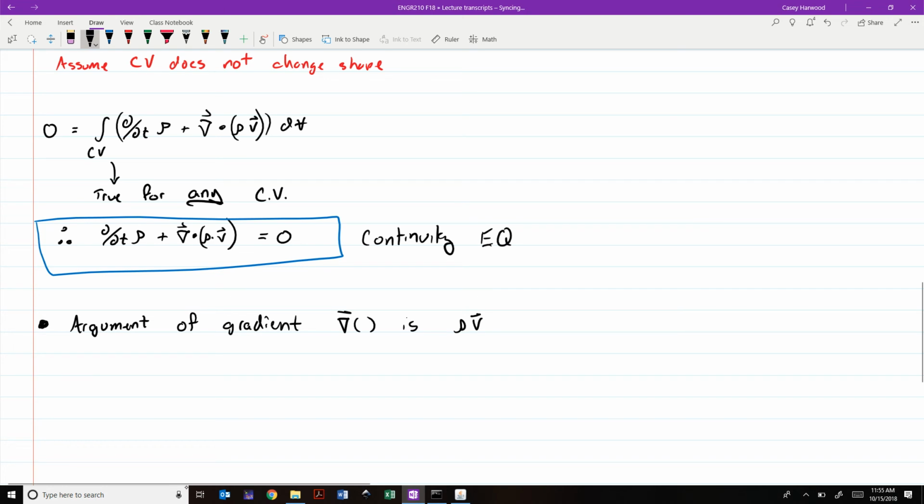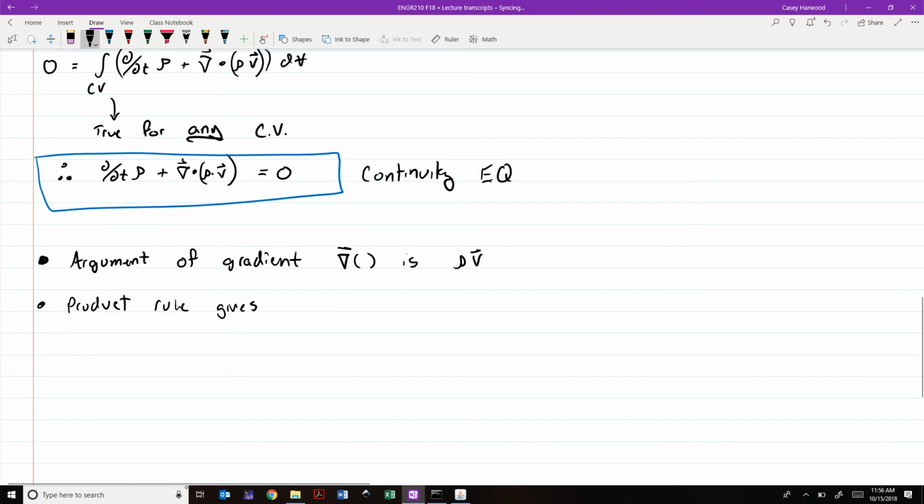In other words, the product rule then gives us d rho/dt plus v dot grad rho plus rho grad dot v is equal to 0.